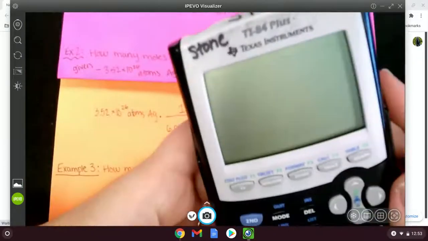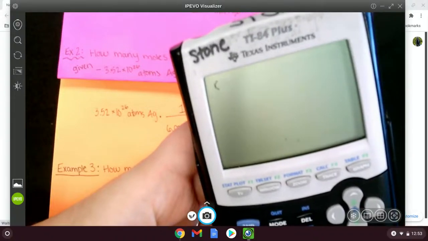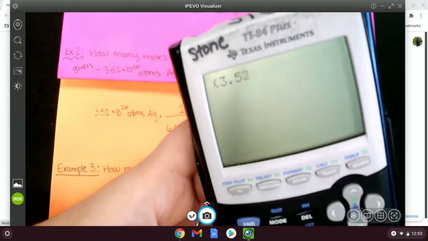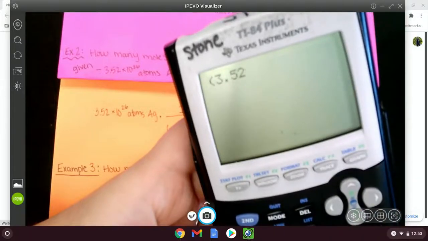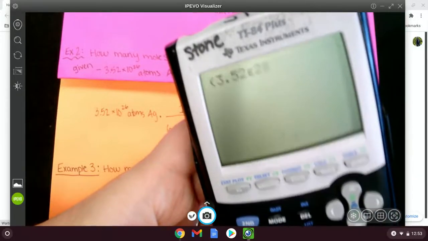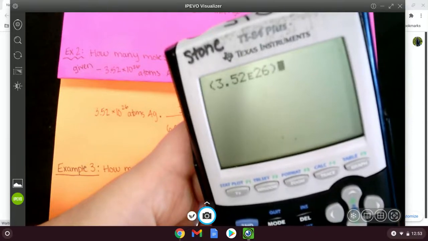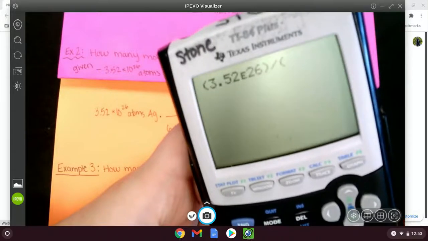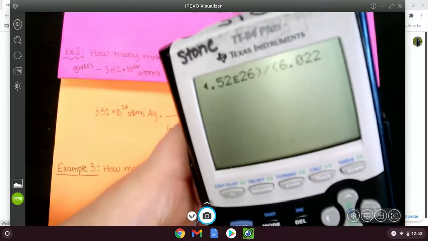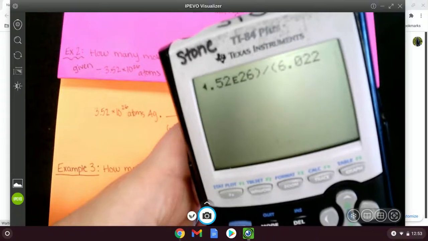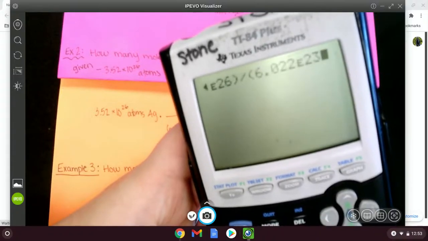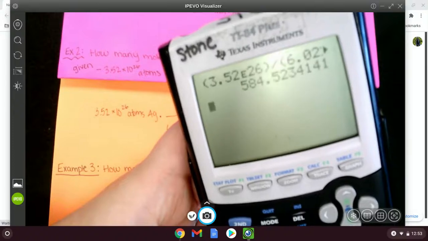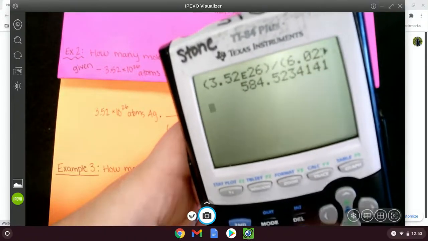In our calculator, we're going to type a parenthesis, then 3.52, second button, comma, to get the E, 26, close parentheses, divided by parentheses, 6.022, second button, comma, 23.